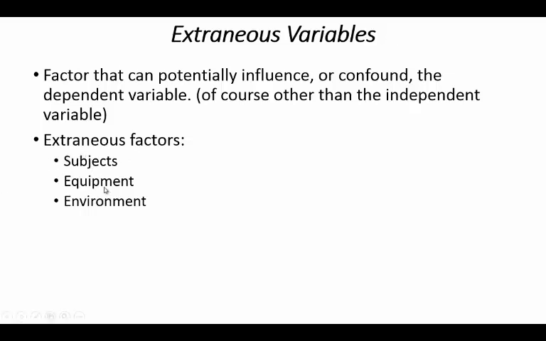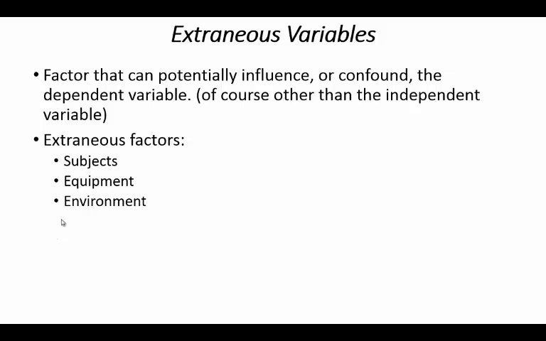Equipment: if I calibrated my equipment in the beginning and then I didn't calibrate again and the equipment is not consistent, then I can have an error in the measurement, and that would be an extraneous variable.